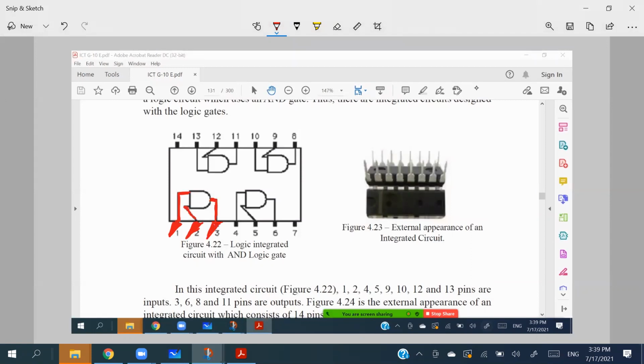So if you produce 0 at this point and 1 at this point, your answer is going to be 0 at the third pin, right? Simple as that. And there are some pins which give the power and some kind of signals into the ICs. Like if you do the A levels and choose ICT for A levels, right?